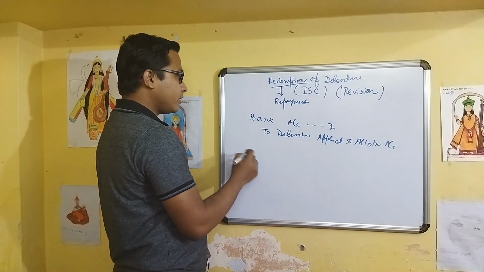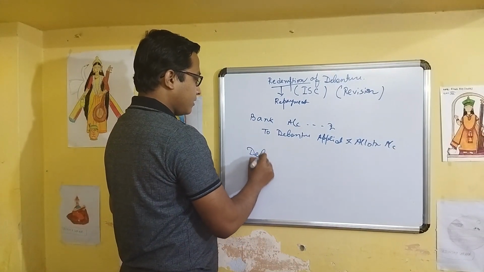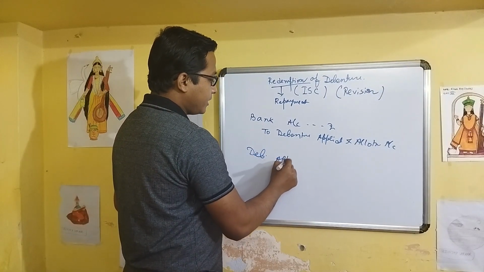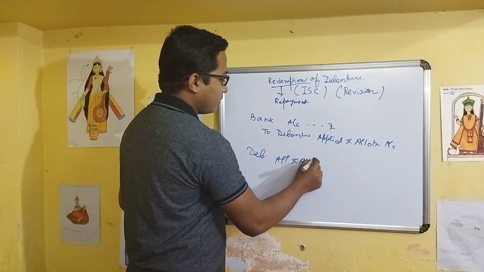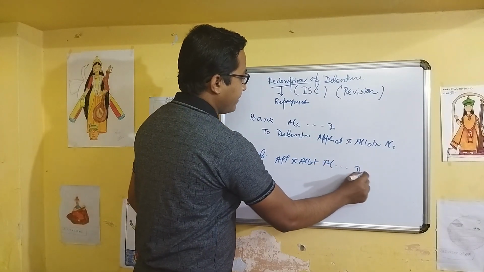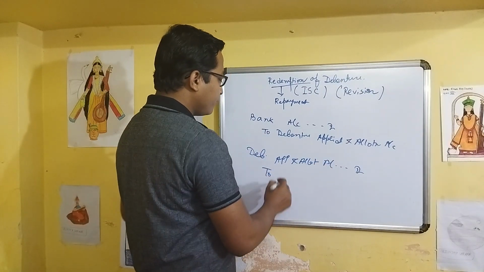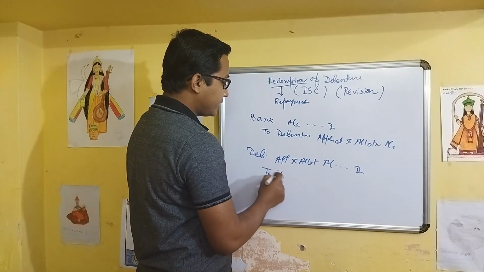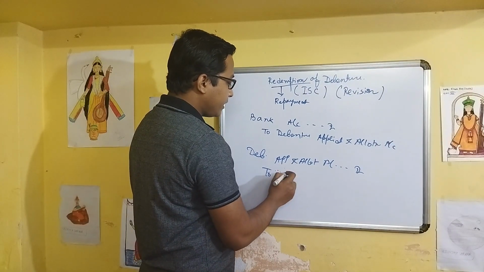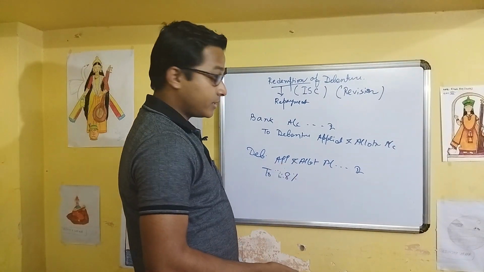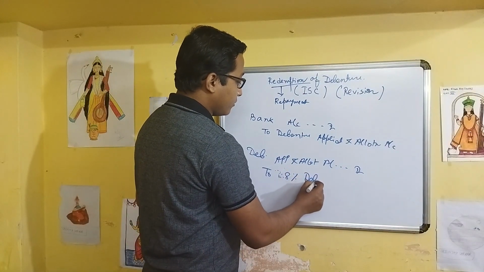The next journal entry is: Debenture application and allotment account debit to some percentage, let's say 8%, maybe 10 or 12%, 8% debenture account.